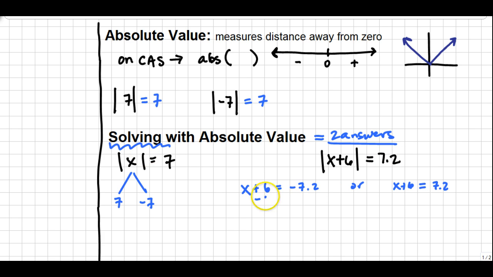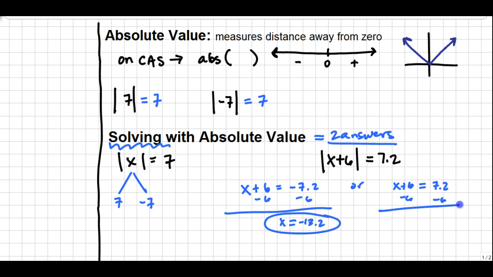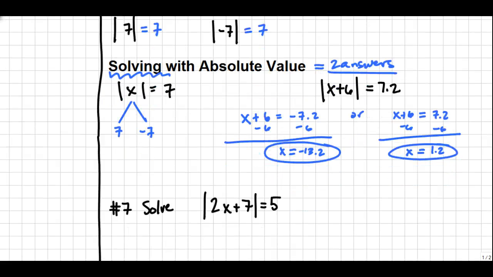In both cases we're going to take away 6 from both sides. In this case we'll get a negative 13.2 for one answer, and positive 1.2 for the other answer. So in this case we get a positive and a negative. Note that that's again not always the case. We do get two answers, but they won't necessarily be one positive and one negative.